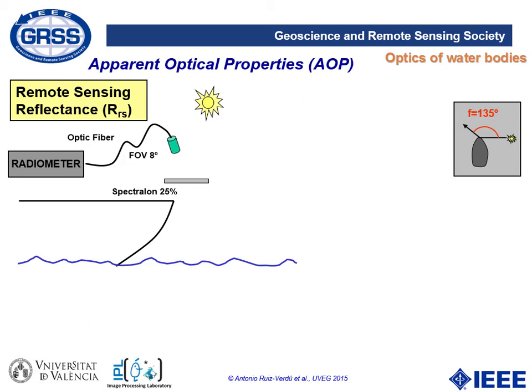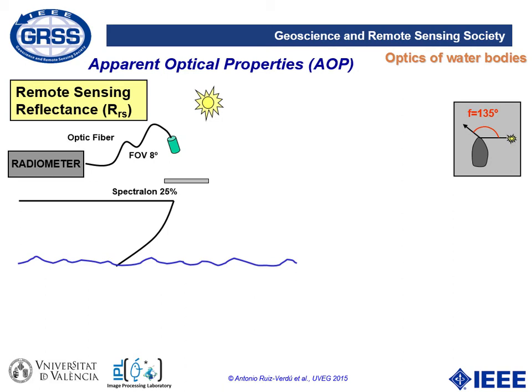And here I will summarize the typical setup for measuring this magnitude in the field. So here we see a radiometer with a not very high field of view, 8 degrees, and this is typically used for reducing the amount of diffuse light entering the lenses and not coming from water.